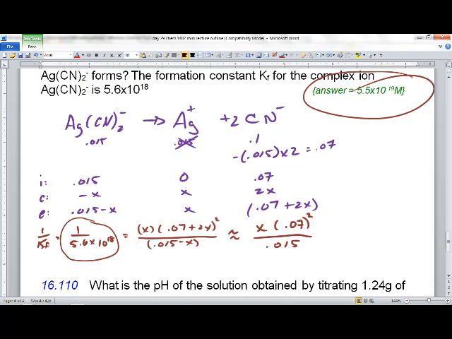Where's my 1 over x button? There it is. Take it times 0.015, divided by... Nope. You're not using your calculator correctly. Take 1, divide it by 5.6 and 10 to the 18th. How are you doing 5.6 and 10 to the 18th on your calculator? EXP, right?